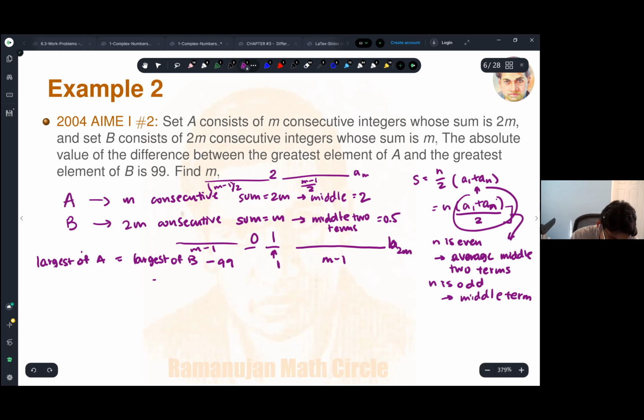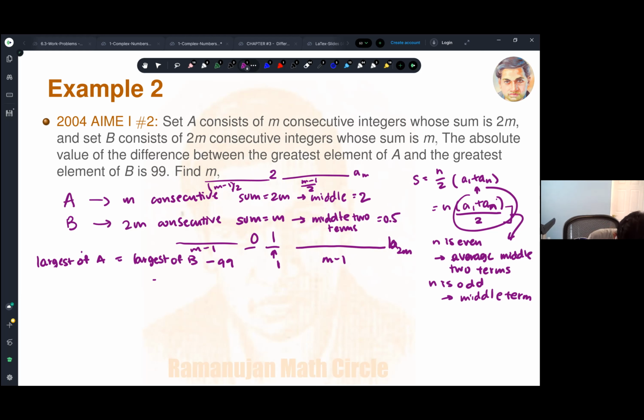Okay. So now what this gives us is that definitely the largest value of the B sequence is greater than the largest value of A. So now all we have to find is the values of these in terms of m, and then we're good. And so how do you go about doing this? Well, these are consecutive numbers, so obviously the common difference is 1.